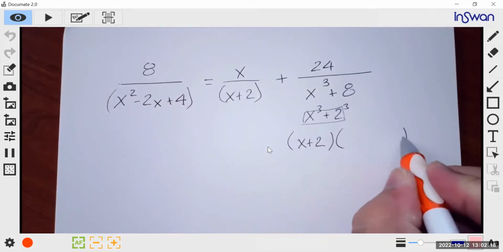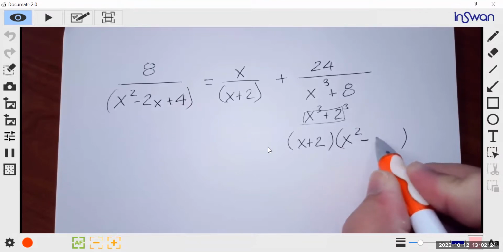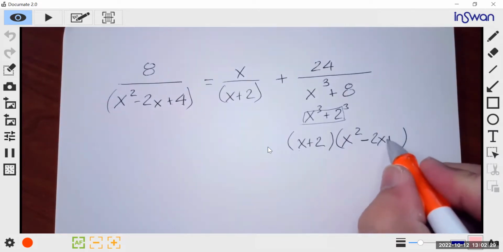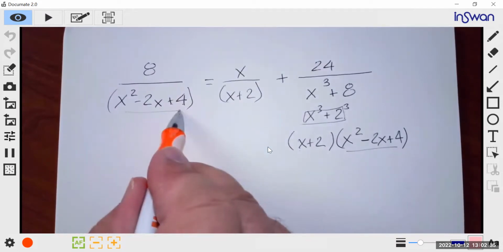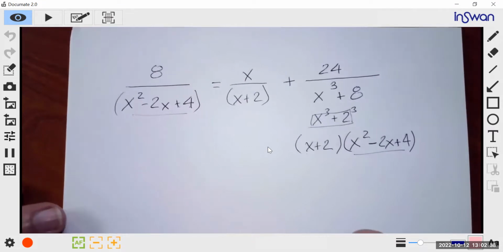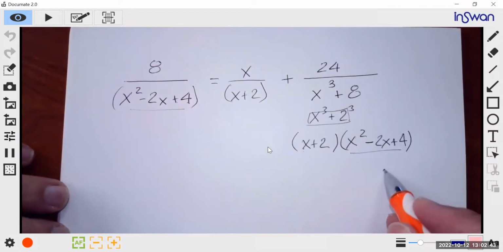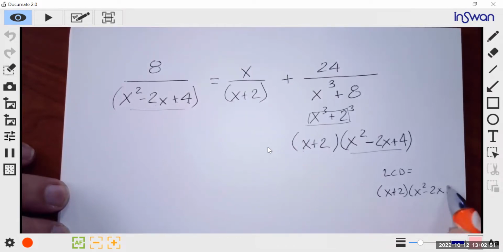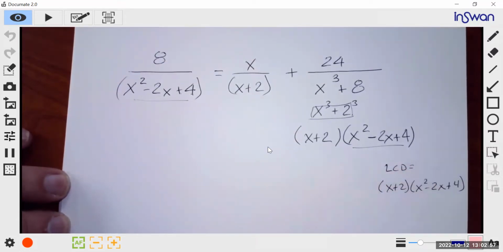Inside the second parenthesis, x squared, sign, minus 2 times x, 2x, plus 2 squared, which is 4. You notice how this one looks like that one. So the LCD is x plus 2, x squared minus 2x plus 4.